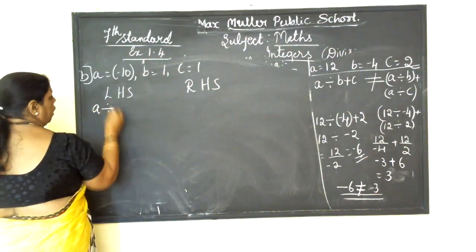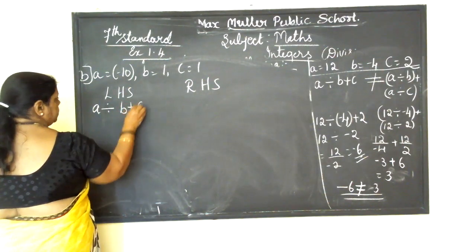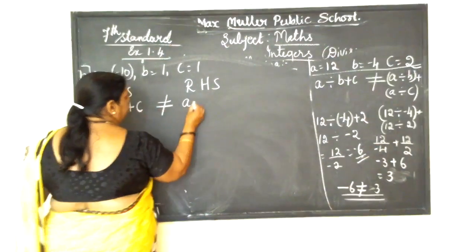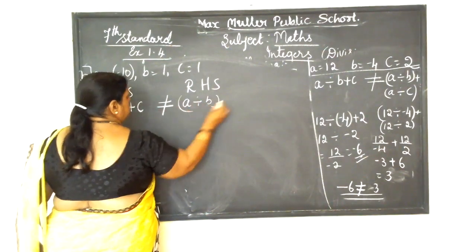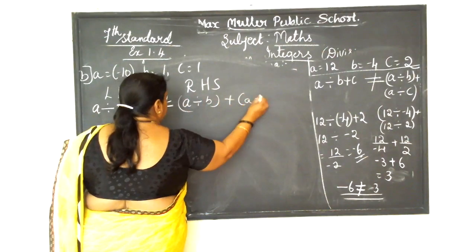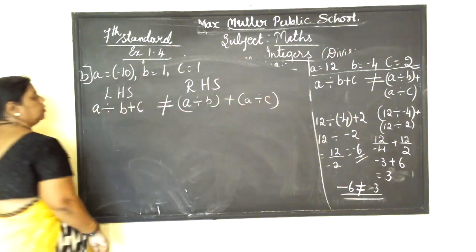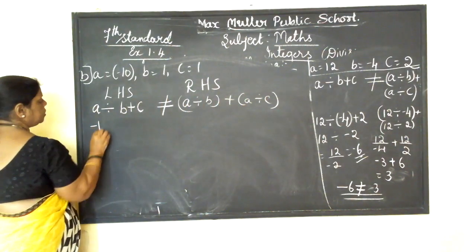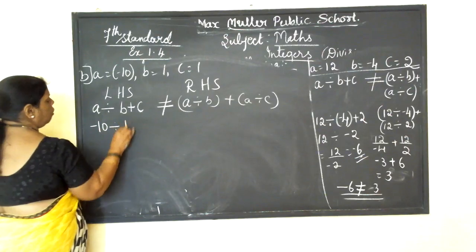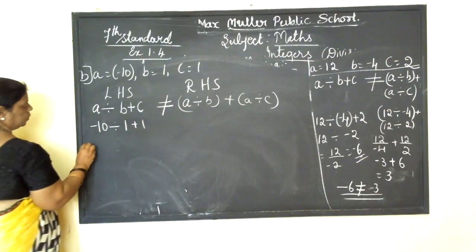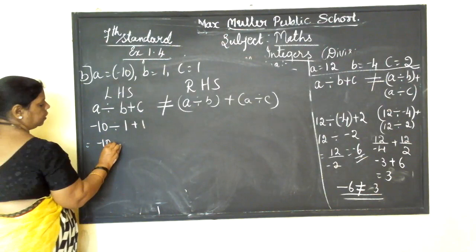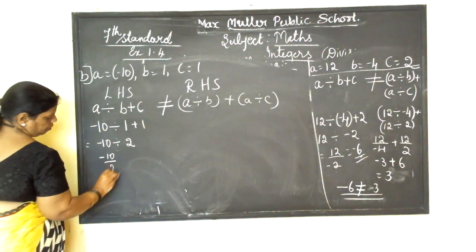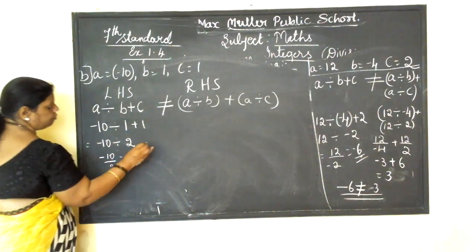A divided by (B plus C) is not equal to, we should see that, A divided by B plus A divided by C. Now A value is minus 10 divided by 1 plus 1. Minus 10 divided by 2 is equal to minus 5.